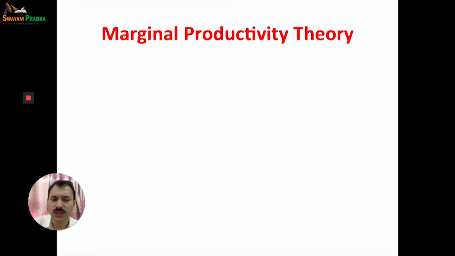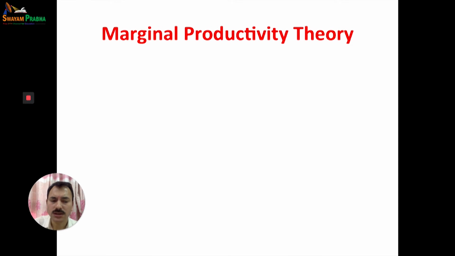According to this theory, under perfect competition, the price of a factor is equal to its marginal productivity. There is perfect competition, a homogeneous product, no close substitutes, and a large number of buyers and sellers. The price of the services of the factor is equal to its marginal productivity.